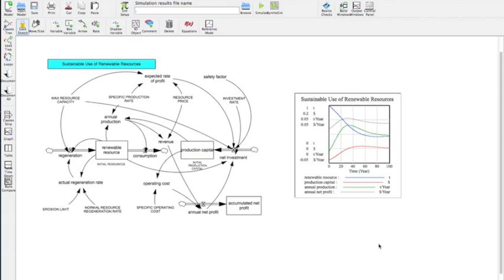I'll make a quick video of it. I won't run it here, because I want you to play with it and tell me the differences between one strategy and the other, when you consider resources for investment, or when you base your investments only on profit expectations. Okay, so I'll leave this video here and I'll allow you to play with it. I hope you enjoy it.